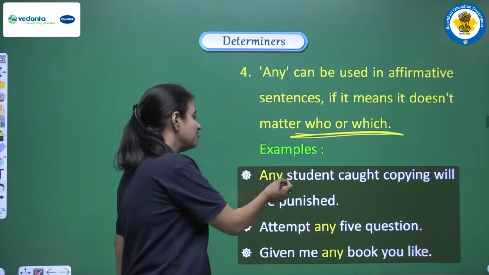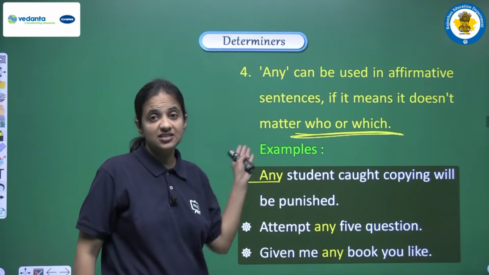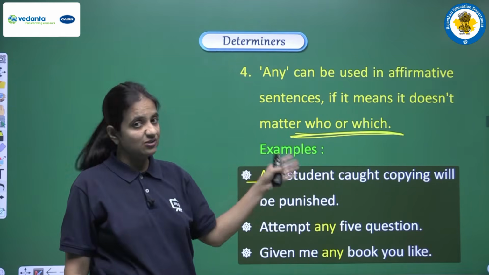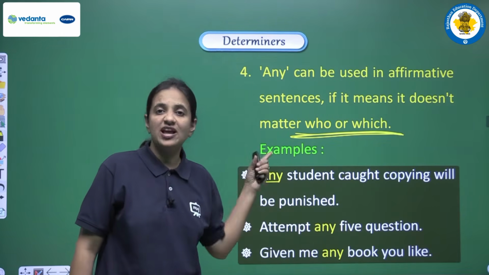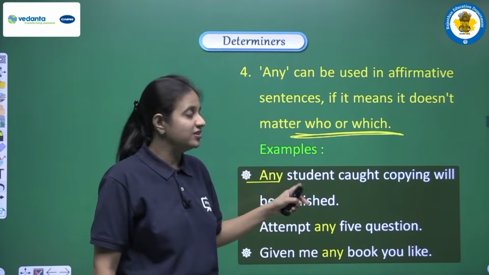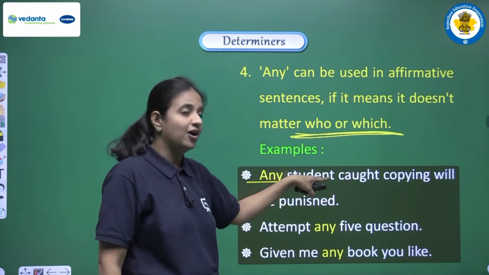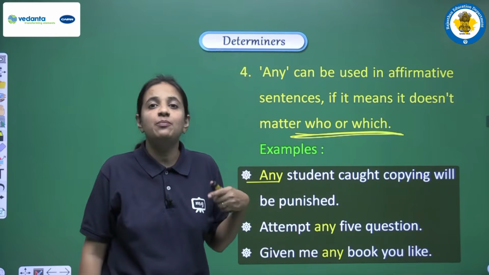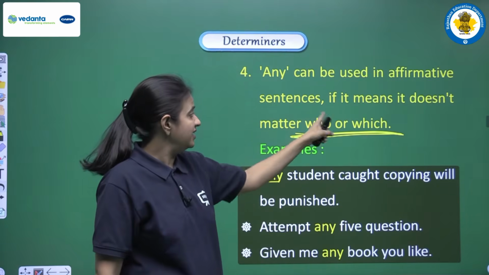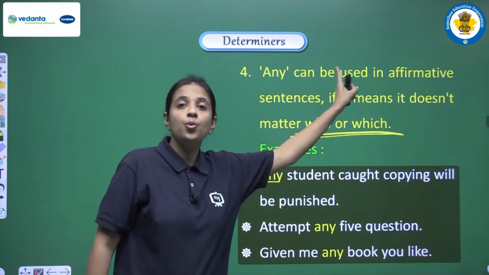And this is the reason we are using any here, because this is a positive sentence, this is an affirmative sentence, but in this sentence also we have to use any. Why? Because here we are talking about this noun student, that is not at all a particular one, and here we mean that it doesn't matter who or which.